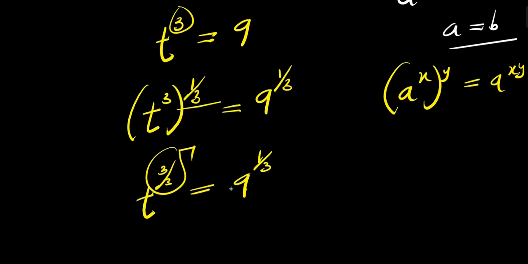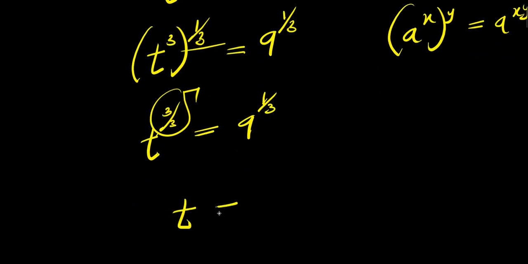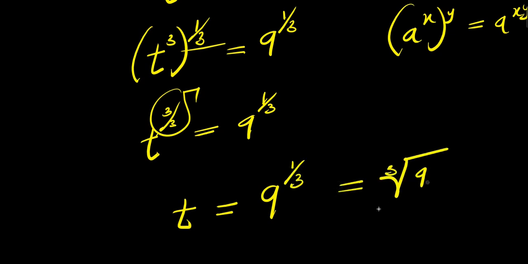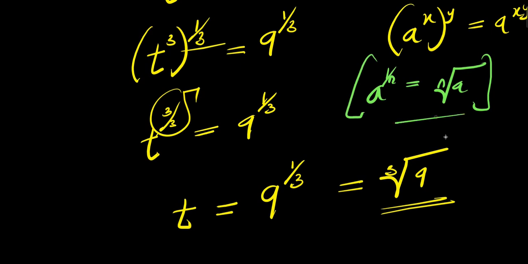This is 1, so we have t equals 9 power 1 over 3, which is the same as saying the cube root of 9. You can also agree with me that a power 1 over n equals the nth root of a. So this is our answer as well.